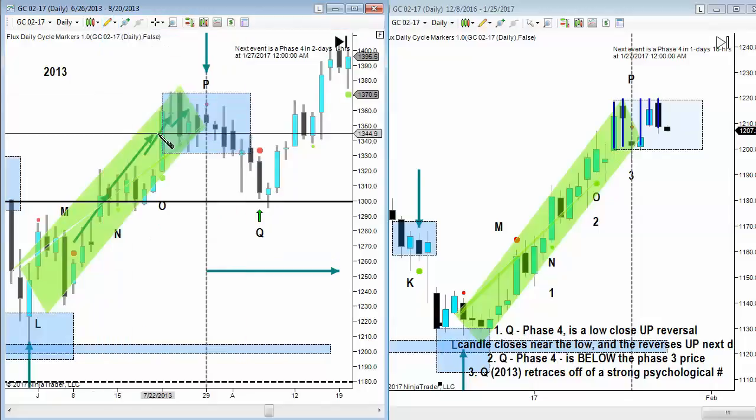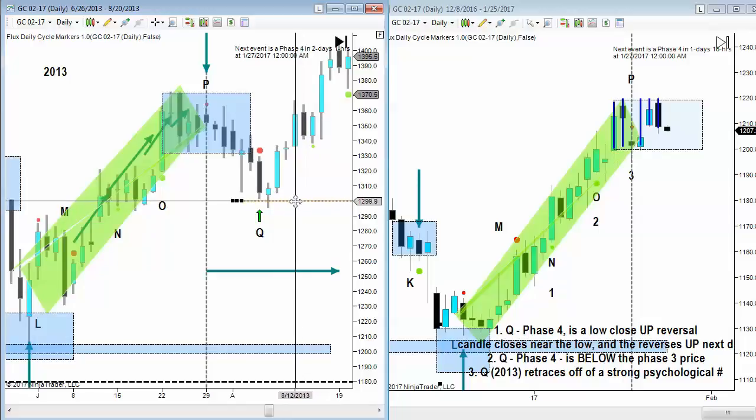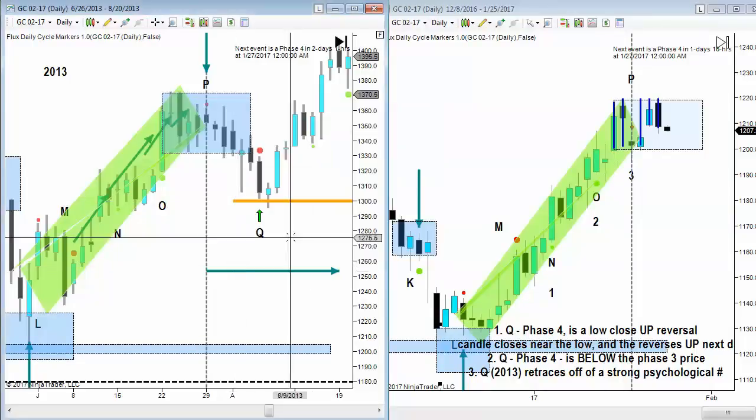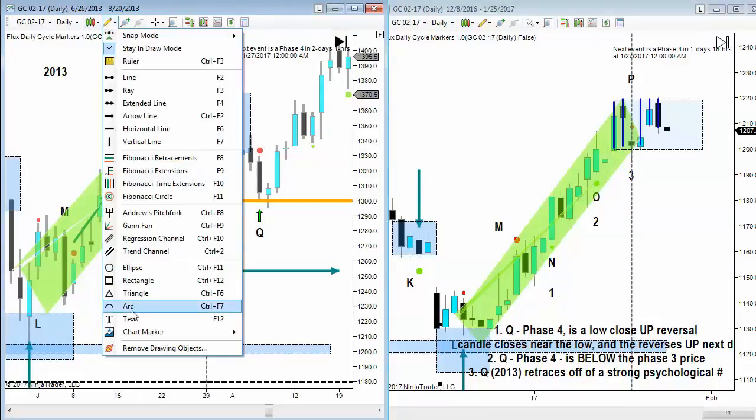Well, where are we retracing to currently in 2017? Where are we pulling back to? Where are we retesting right now? Let's go ahead and write that number down.